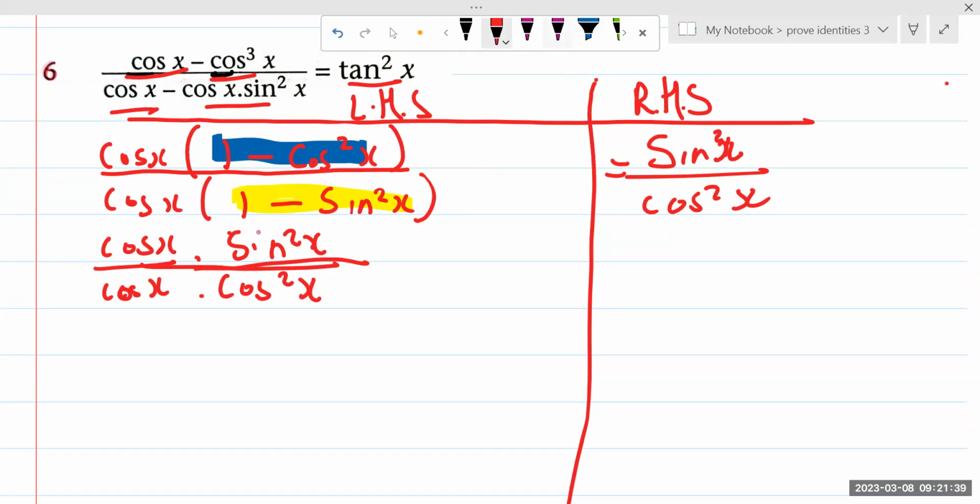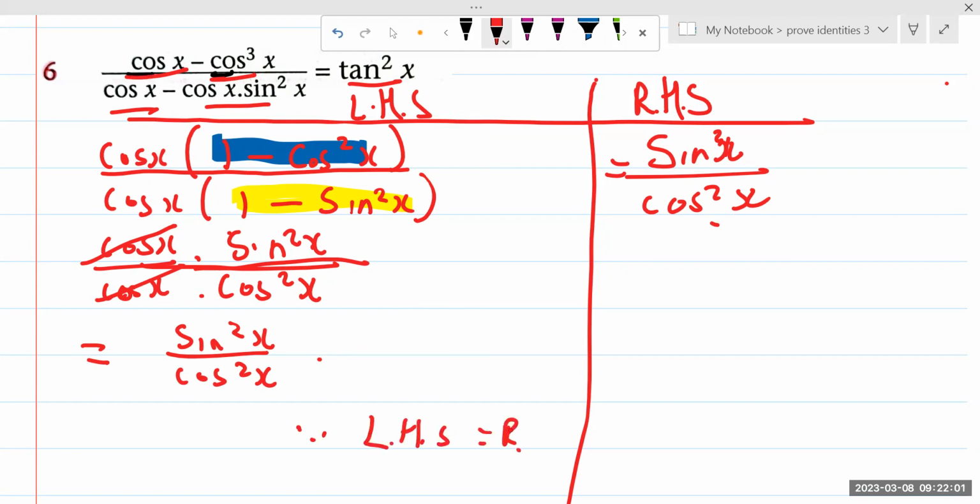So cos is going to divide cos. When cos divides cos, what are we going to remain with? Sine squared x over cos squared x. Is this thing and this thing the same? Yes. Therefore, we can say our left-hand side is equal to our right-hand side.